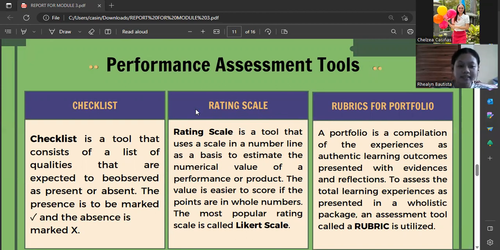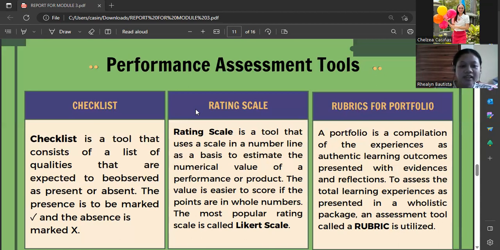Mark, check, and X. Dito naman sa rating scale, it is the tool that uses a scale in a number line as a basis to estimate the number value of a performance or product. Dito sa rating scale, mga number yung makikita natin.